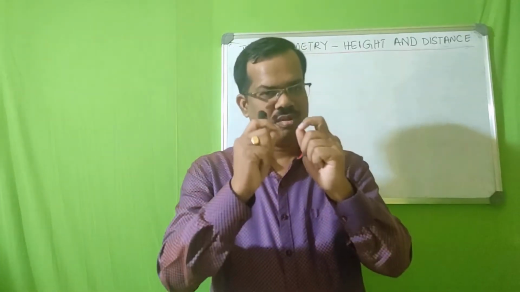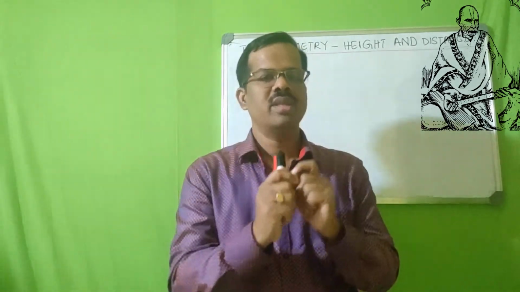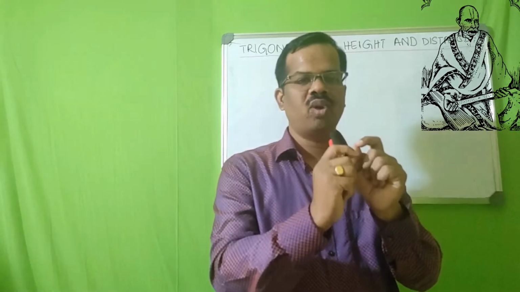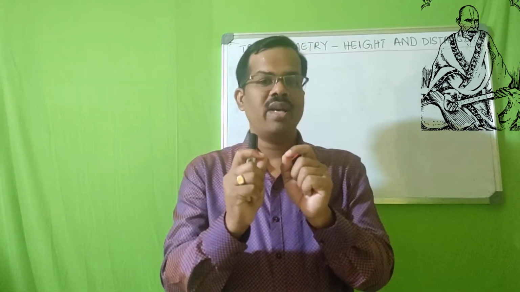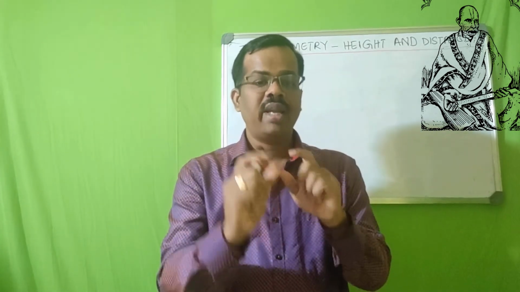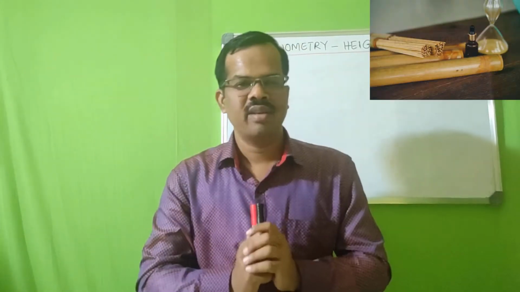There was one scientist named Samanta. His original name was Chandrasekhar Samanta. Later his name was given as Pathani Samanta. He devised a tool, and that tool is made up of what? Guess what? It is just a hollow bamboo stick.